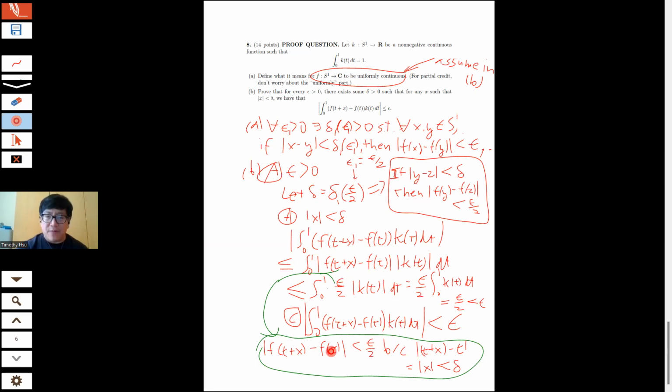Where does the final circle on the bottom come from? That's a good question. So let me make a little note as to where that came from. That stuff came from the red box, but with t plus x and t instead of x and y.